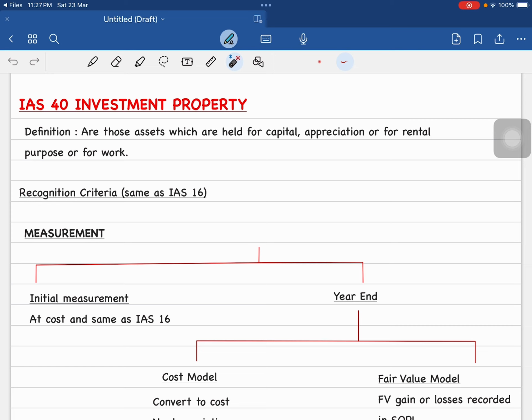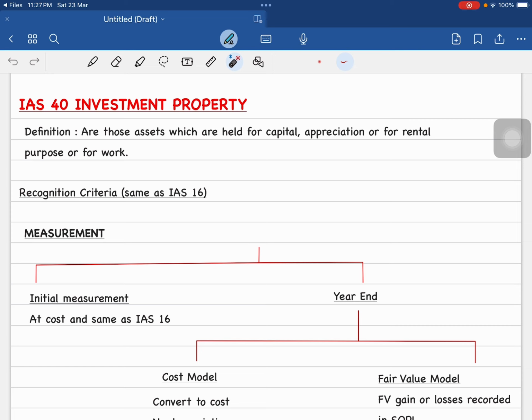This arrangement is the investment property. You're not using the asset for any business purposes, but you are looking forward to its capital appreciation or to renting it out. Those kinds of assets are called IAS 40 investment property.